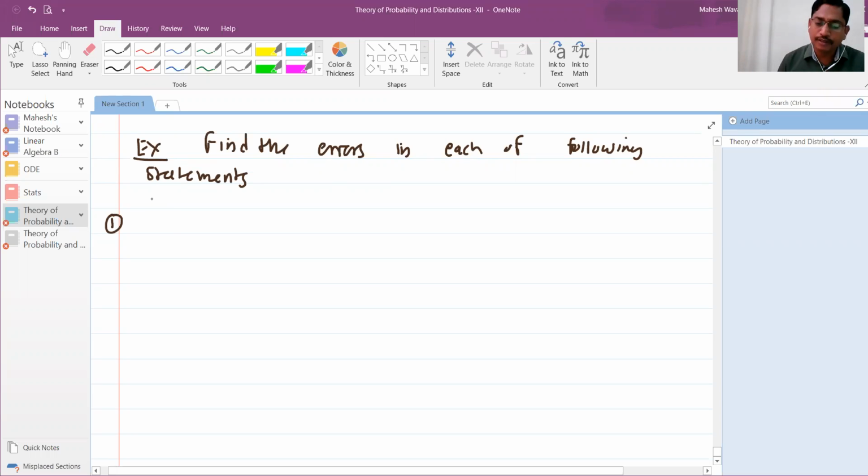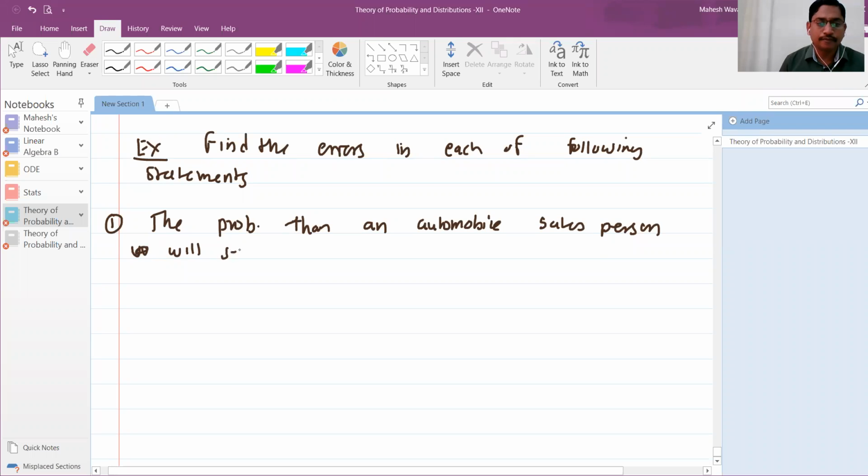First statement: the probability that an automobile salesperson will sell 0, 1, 2, or 3.